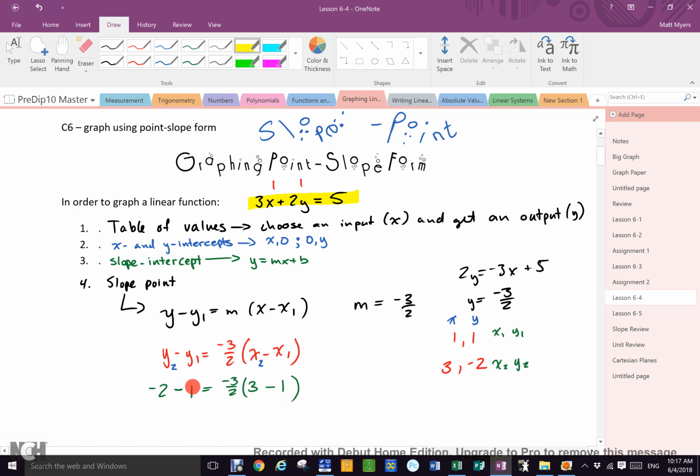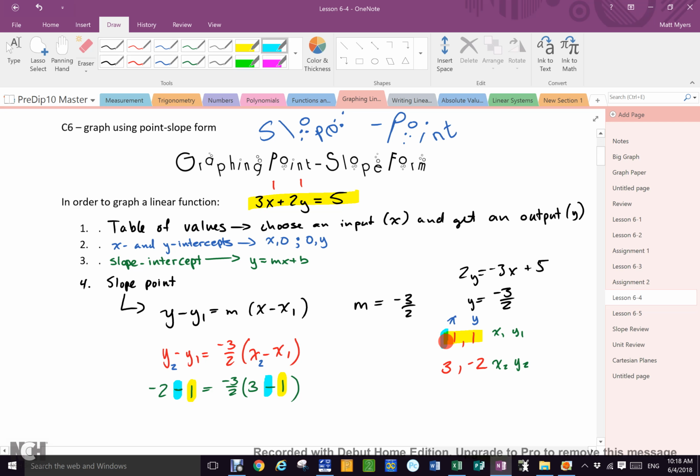What do you see there and there? 1 and 1. What do you see there and there? 1 and 1. Everybody with me? What do you notice about that and that? They're both negative.